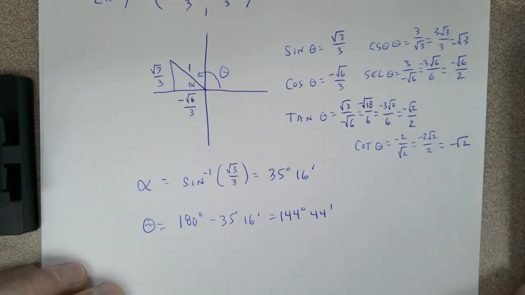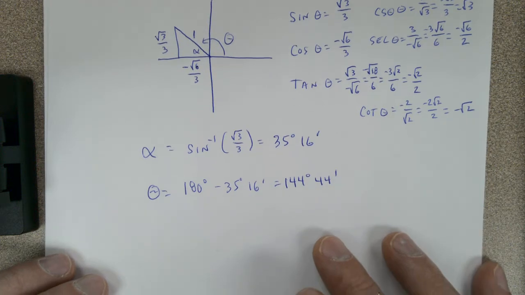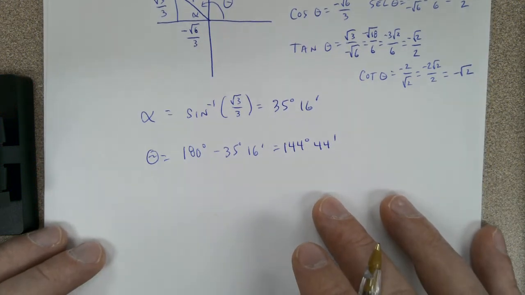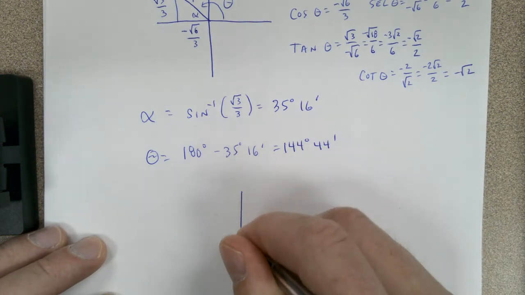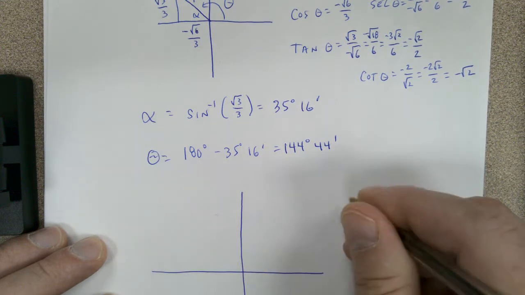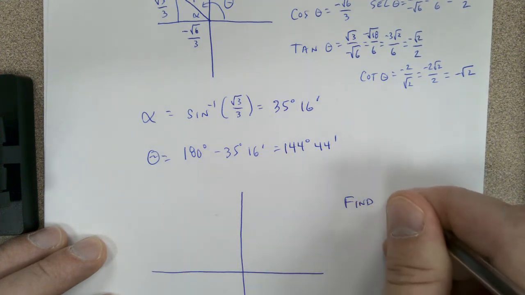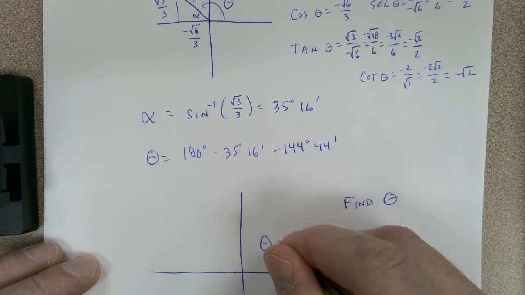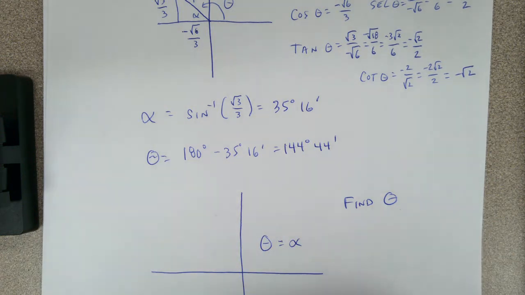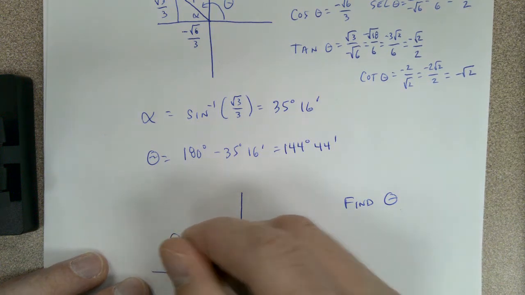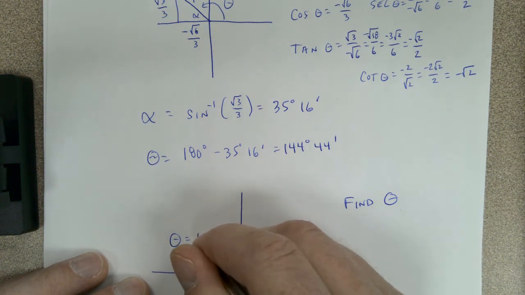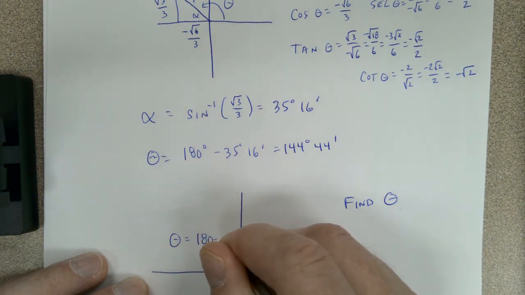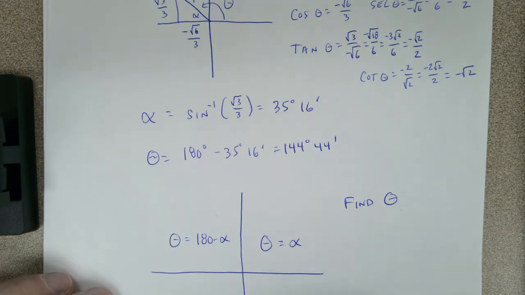Now, one of the things to keep in mind here, depending on which quadrant your triangle is in, it's important to understand how we find theta. Again, in the first quadrant, theta is going to be equal to alpha. We just did the second quadrant. We know that theta is going to be equal to 180 minus alpha.